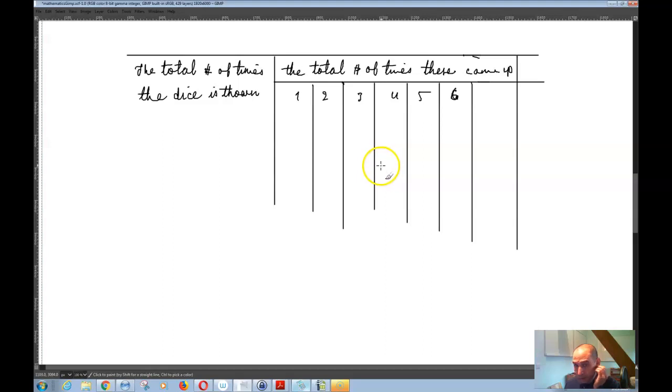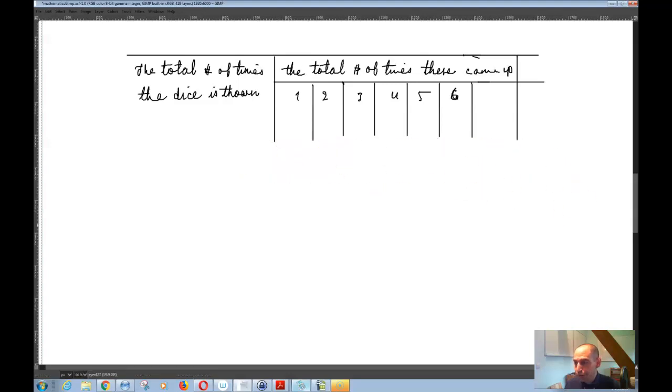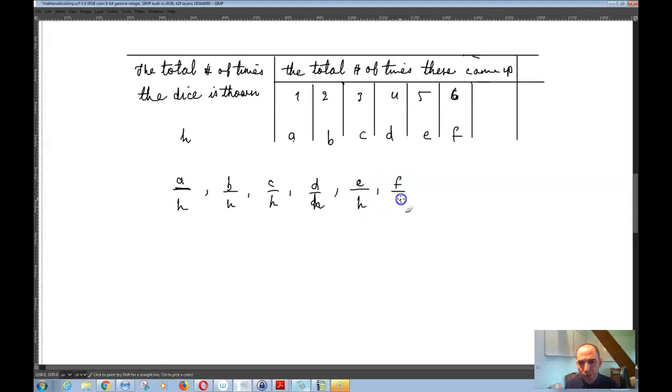You can record, for example, the number of times 1 turns up. The number of times 1 turns up, I denote that as A, and the total number of times that the dice is thrown is, let's take that as H. So for example, you can calculate A by H. If you take this as B, C, D, E, F, then you can calculate B by H, C by H, D by H, E by H, F by H.